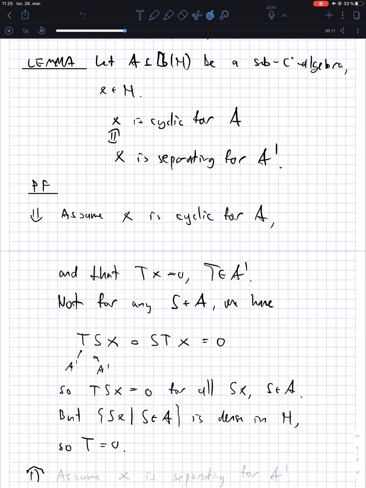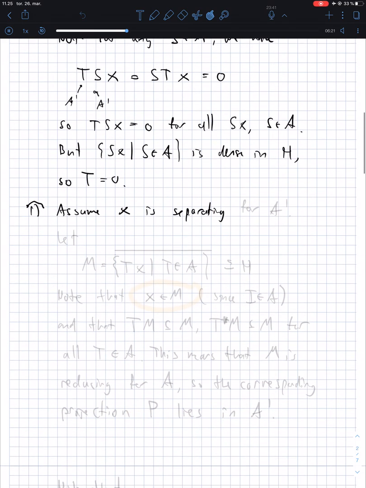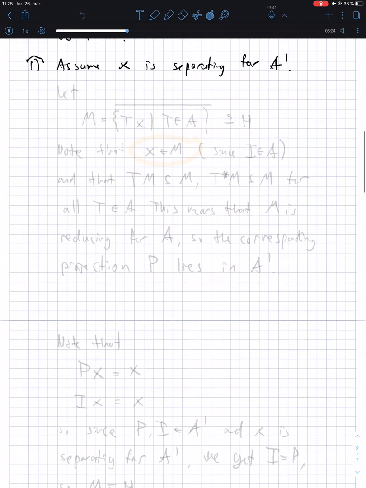So in the other direction, we assume X is separating for A prime. We will let M equal the elements of the form Tx, where T lies in A, closed off.